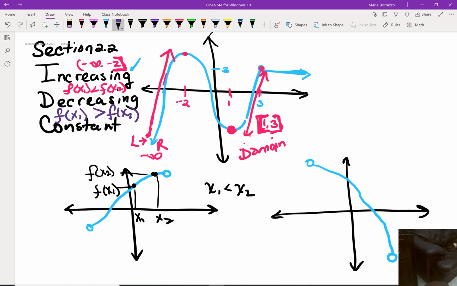So let's say hypothetically this is my x1 and my x2 is over here. Obviously x1 in this case is going to be considered a higher value for f of x1. So f of x1 is actually taller than, in this case, f of x2. f of x2 is actually a lower value.